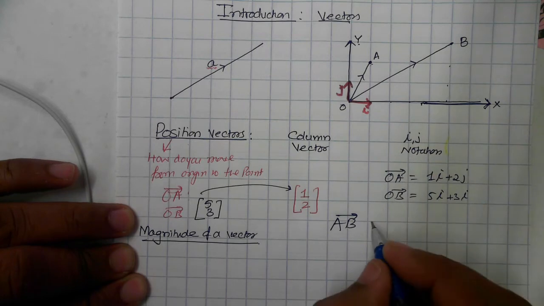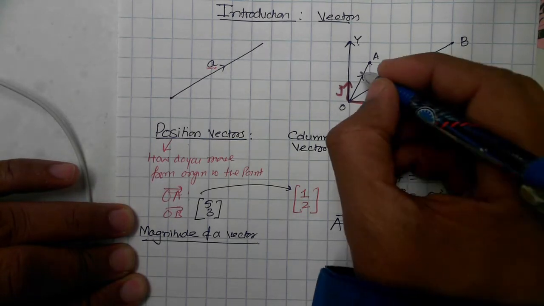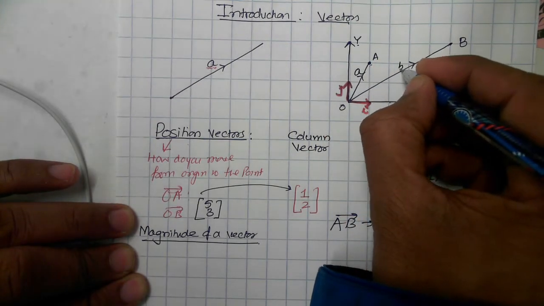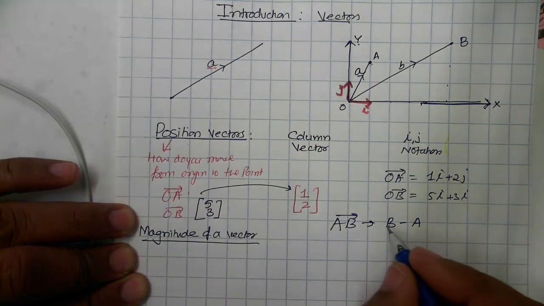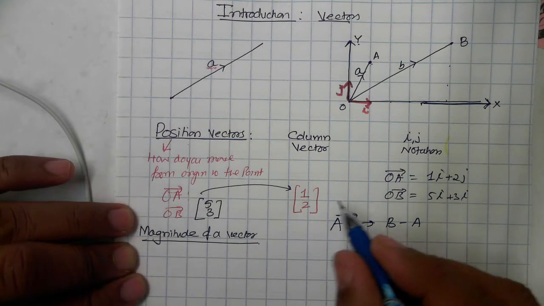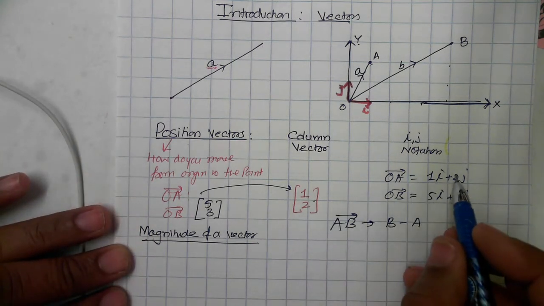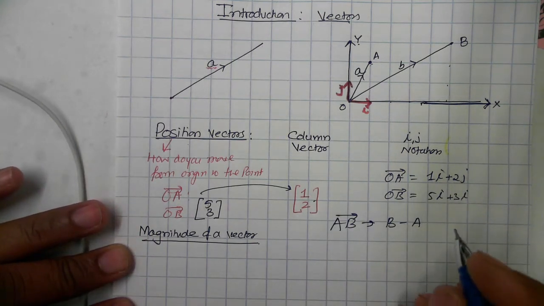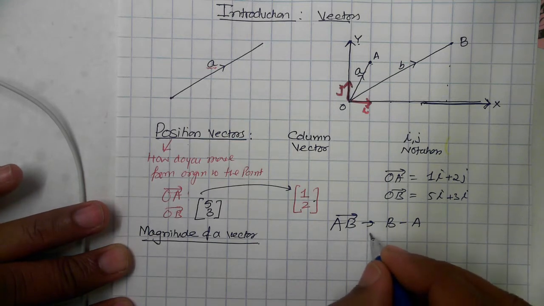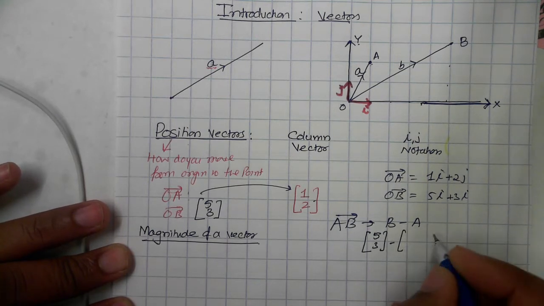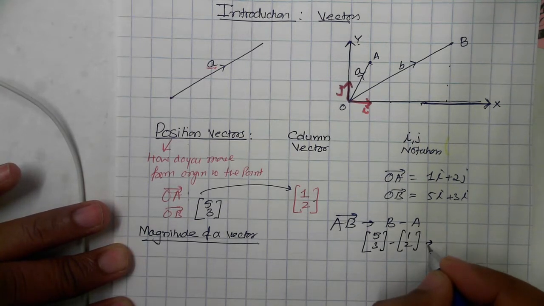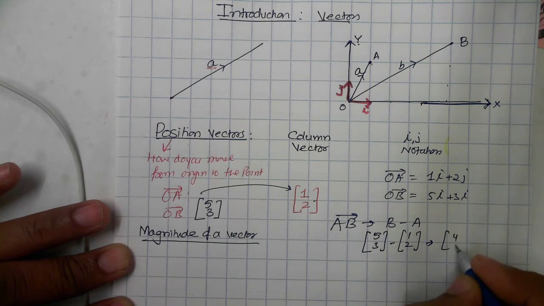Now if somebody asks you to find vector AB, the displacement from point A to point B, it is simply B minus A. You can use position vectors in terms of column or in terms of ij. AB is OB, which is (5, 3), take away (1, 2), so this is (4, 1).